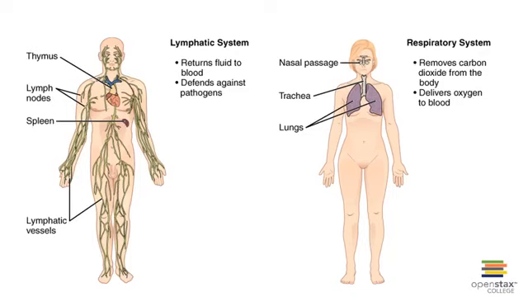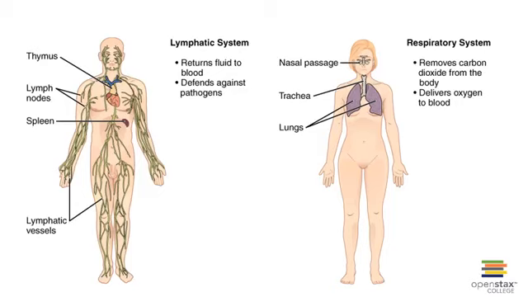It also houses the immune system cells of the body, provides protection against infection and disease, transports tissue fluid called lymph, and absorbs fats. The respiratory system is also shown here, and it's composed of the lungs, trachea, larynx, and nasal passages. And this is where we have the exchange of respiratory gases, like oxygen and carbon dioxide, between the air and circulating blood.